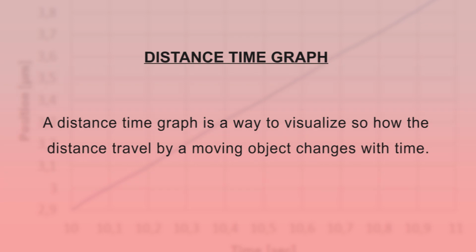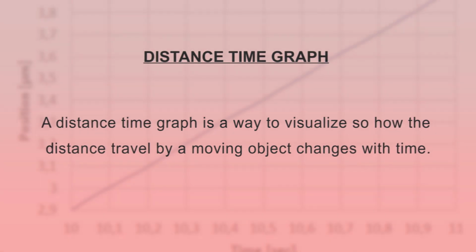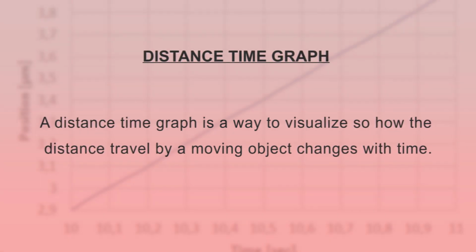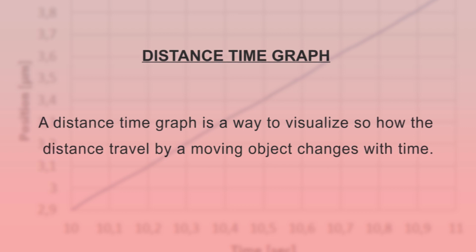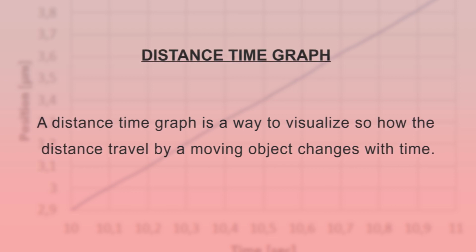The data of total distance travelled and the time taken for the object to cover it can be recorded in a tabular form. Alternately, it can be represented in a graph. So, a distance time graph is a way to visualize how the distance travelled by a moving object changes with time. We will consider 3 cases.